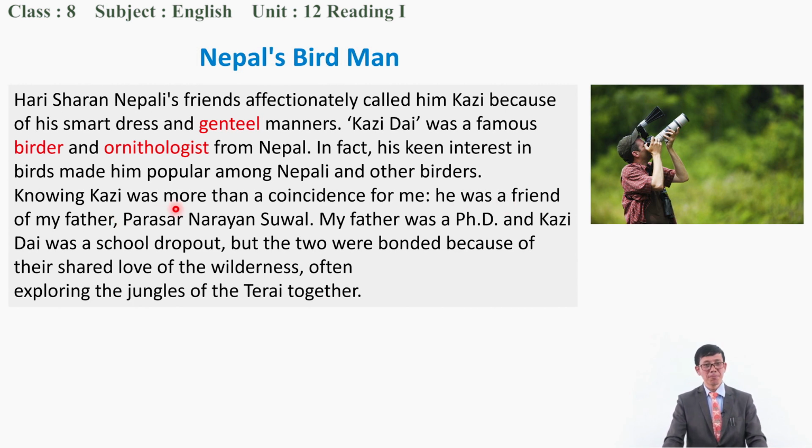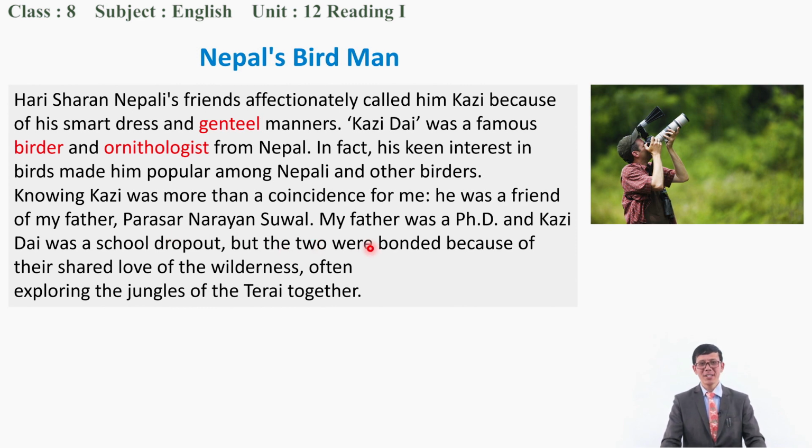Knowing Kaji was more than a coincidence for me. Here, the author, the writer is telling, knowing Kaji was more than a coincidence for me. Okay, it is not just met all of a sudden. He was a friend of my father, Parasar Narayan Suwal, the author's father.